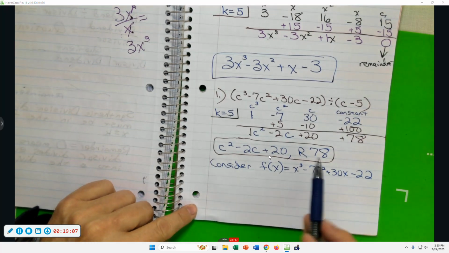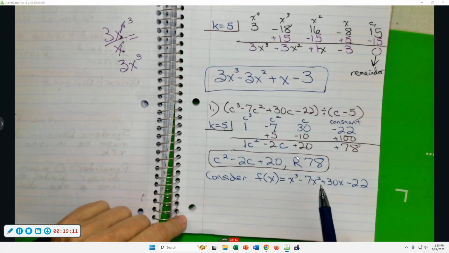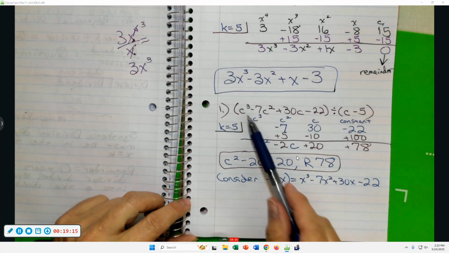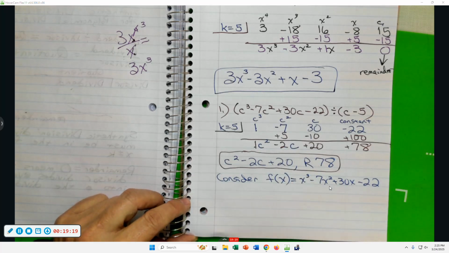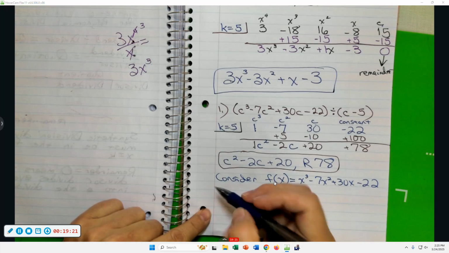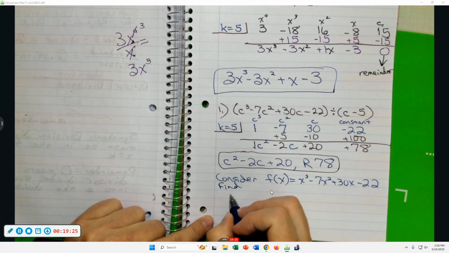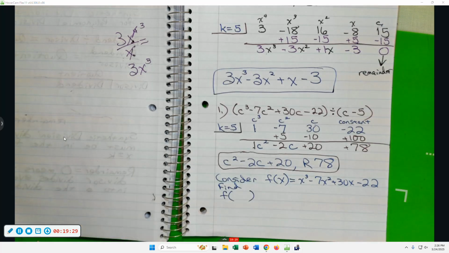So it's the same as the dividend, except I changed the x's to c, the c's to x's. I want us to find, Tony, why don't you open up your calculator? I want us to find f of 5.